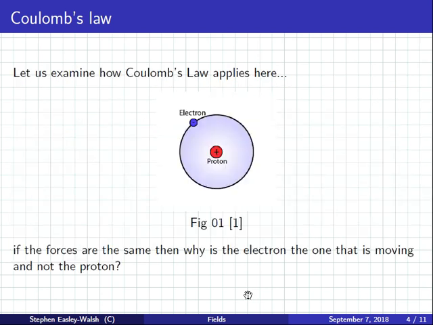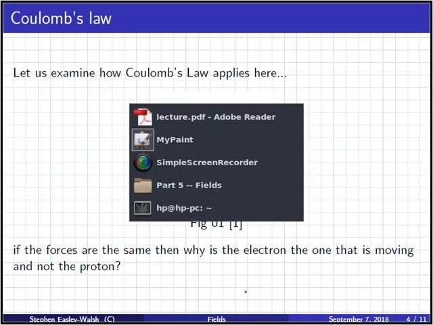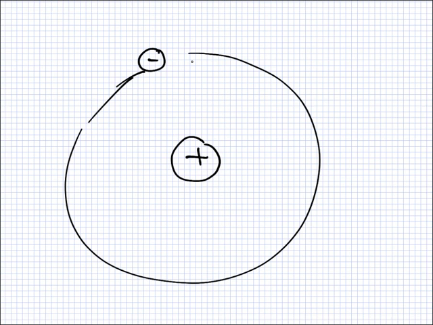Now, let's have a look at this picture. So you know this from chemistry. You have a proton here, you have an electron here, and this is moving around. The force here is equal to K, E, yes, E, because that's E as well, over R squared.